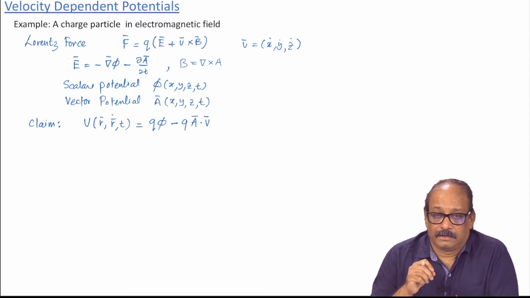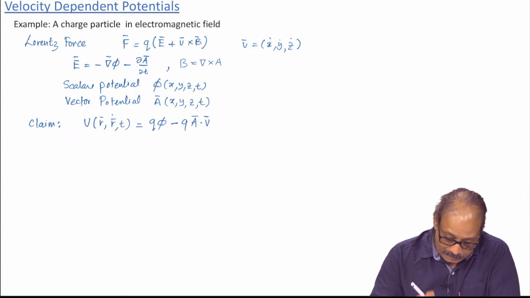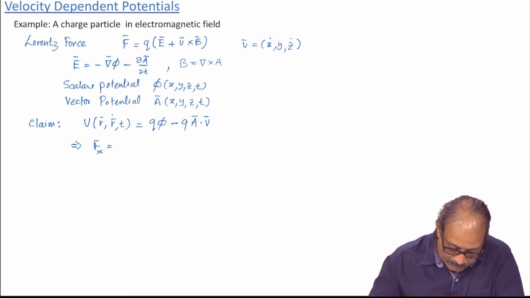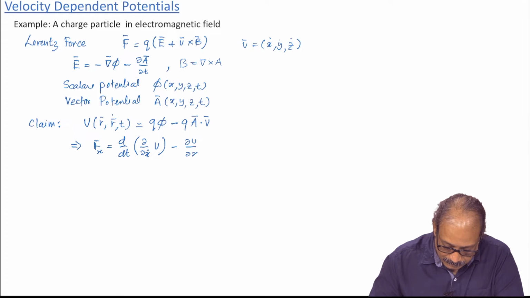And the claim we are making is that if this is U, then F, I will just write the x component, F x, will be equal to d by dt of del over del x dot of U minus del U by del x.